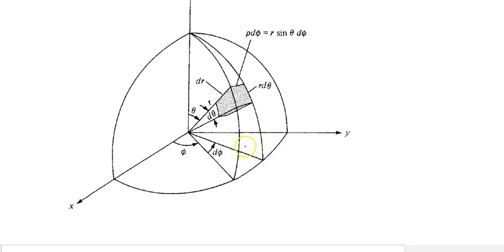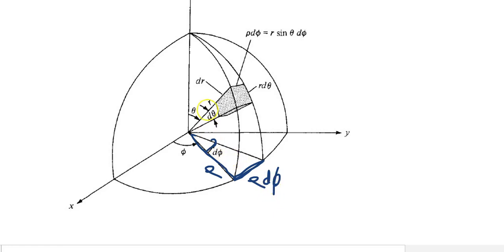Now differential elements. A little tricky to understand here. We have already seen one part here. We know this is my rho, and this will be rho d phi. But what is the rho? That is the question.